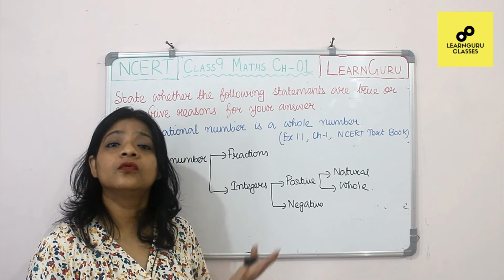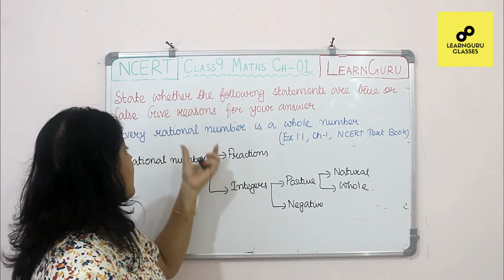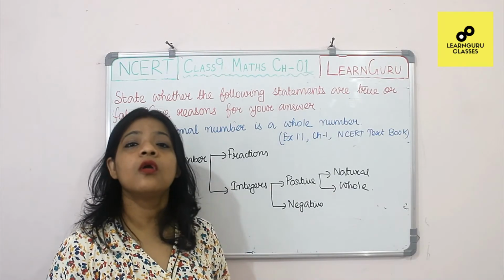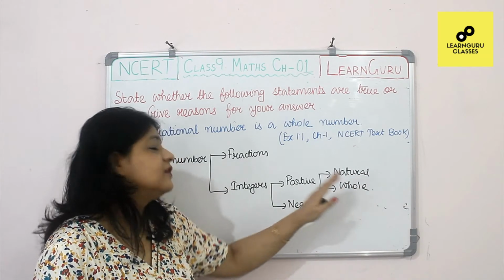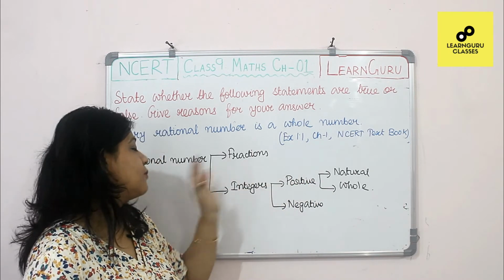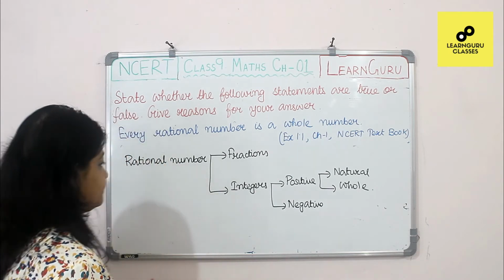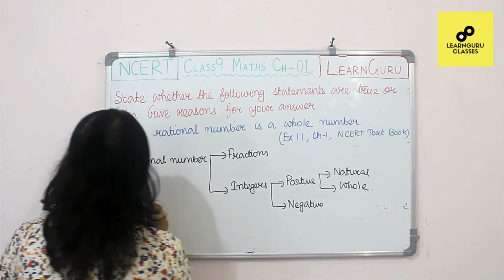So what can you conclude? That every rational number is not a whole number, because whole number is a type of positive integer. Positive integer is a type of rational number. Okay, so what can we say?